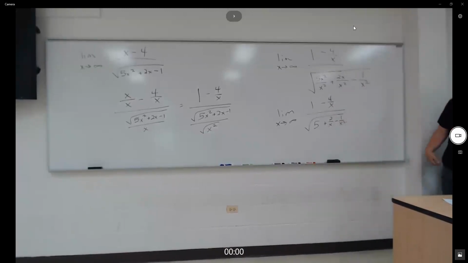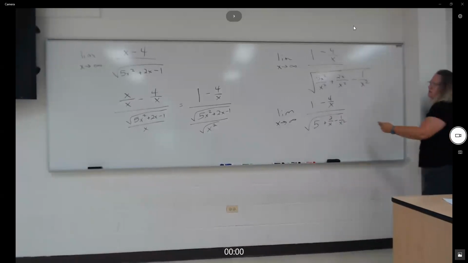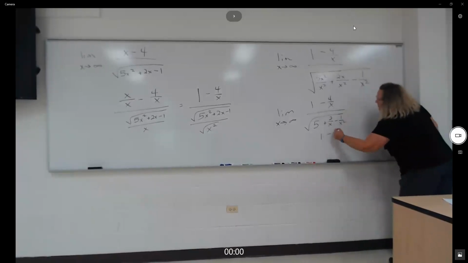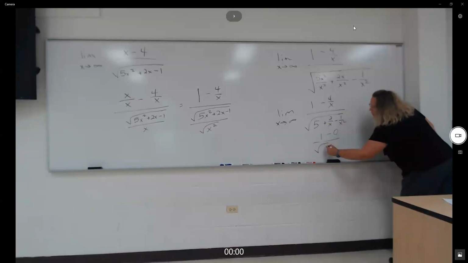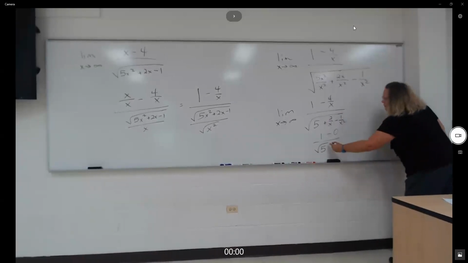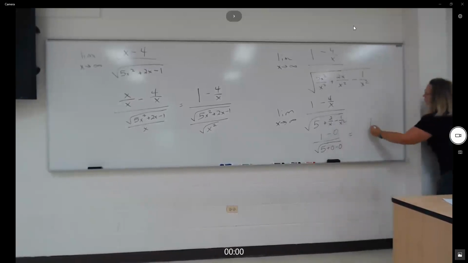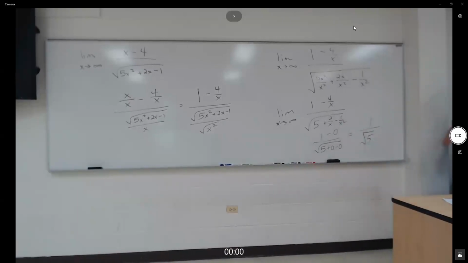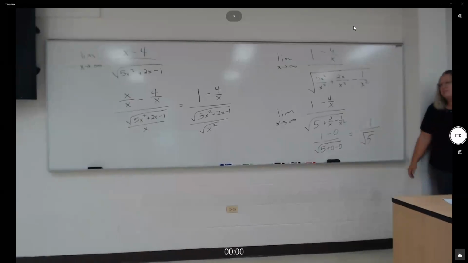Those are all headed towards 0. As the bottom gets bigger, the overall value heads to 0. So we've got 1 minus 0 over, don't forget, the square root of 5, but those are going to 0 as well. So my answer is 1 over the square root of 5. If you make it that far, I'm not going to make you rationalize. Okay, so that's perfect.